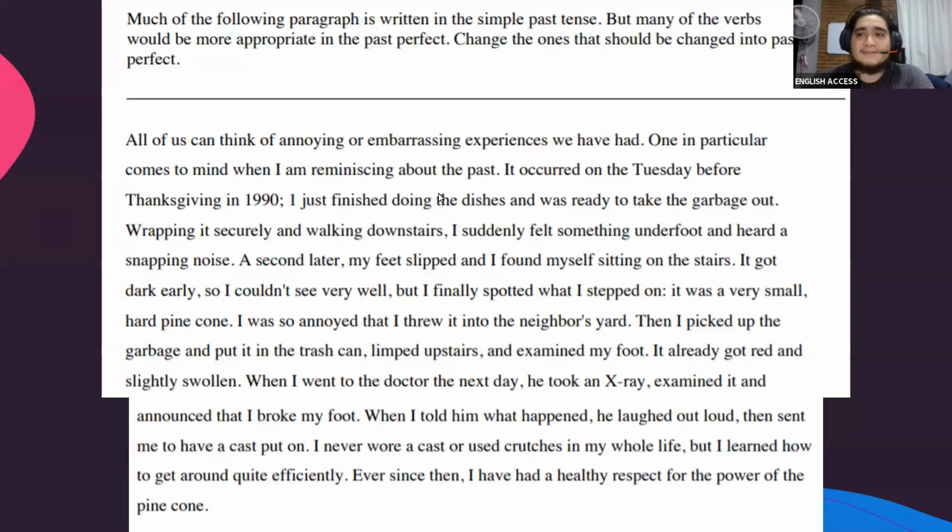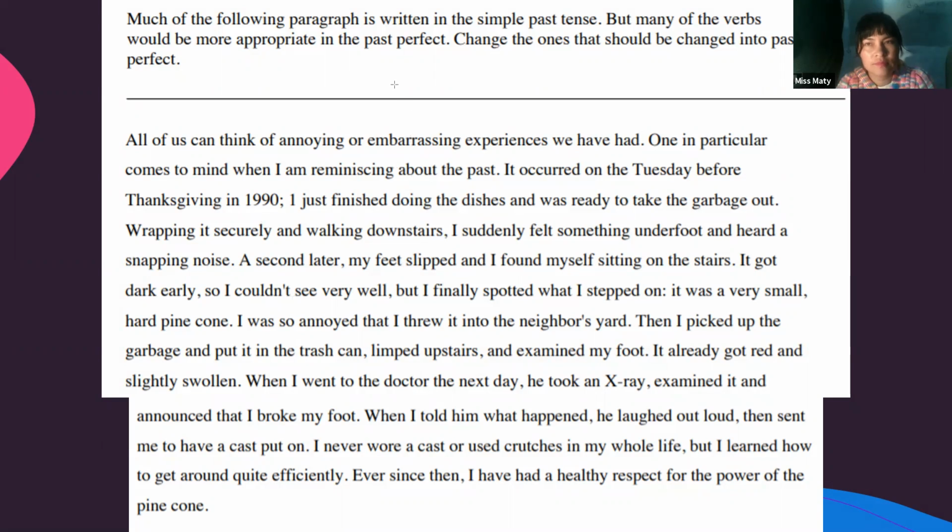Okay. Now, remember that it was yesterday we were talking about the expressions that might help us find the tenses in a sentence, right? Based on that, we're going to be changing some of these past tense verbs into past perfect verbs.